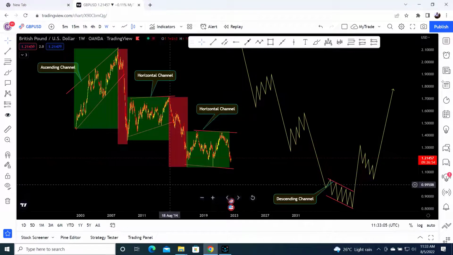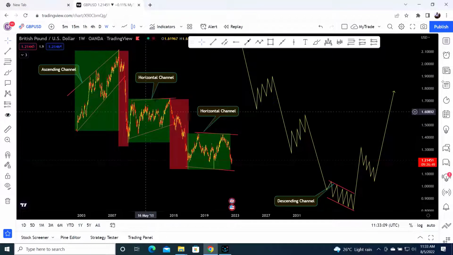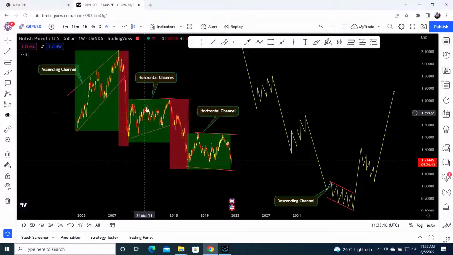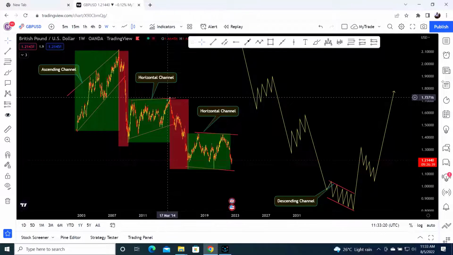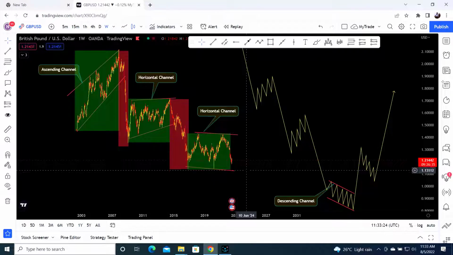So whenever there is an impulse, there has to be a correction to correct the impulsive phase. Here we had a bearish impulse, then we had a correction to correct that. Then the next impulse followed. Then we also have this impulse over here.